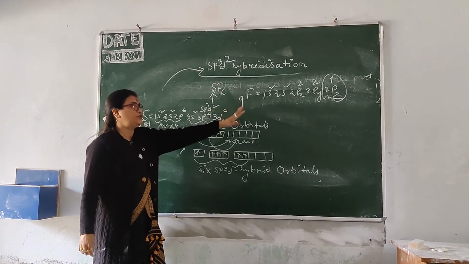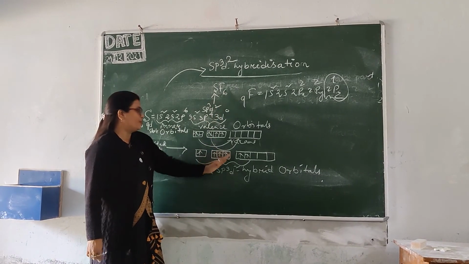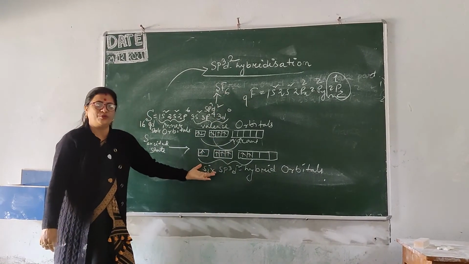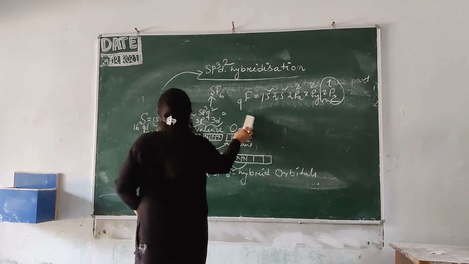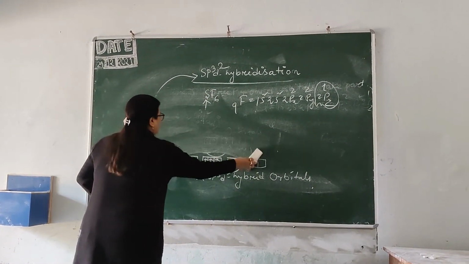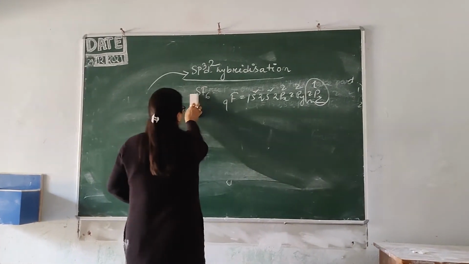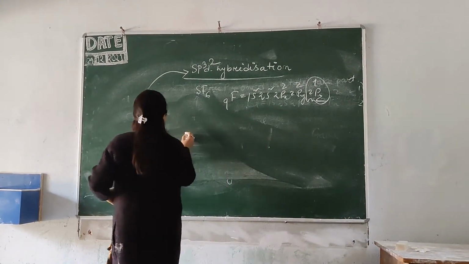The half-filled 2pz orbitals of 6 fluorine atoms will combine with the 6 half-filled sp3d2 hybrid orbitals of sulfur atom to form the 6 sigma bonds like this.